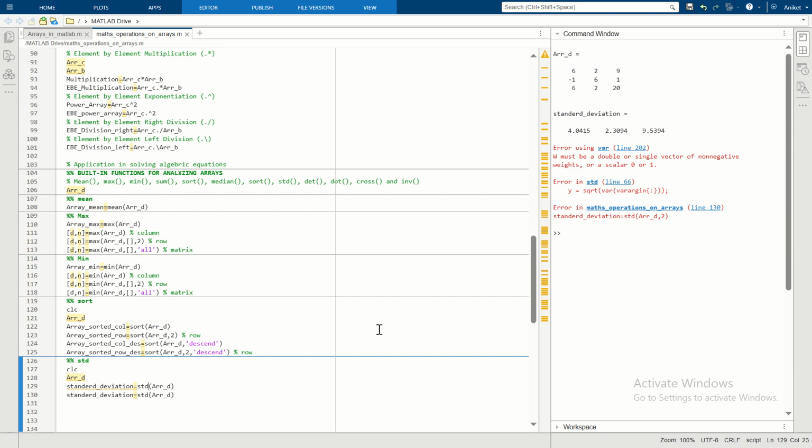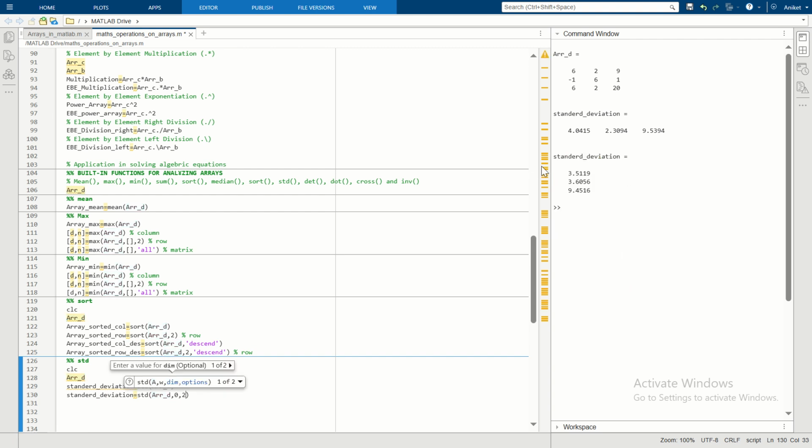So array, 0, 2. So this is how we'll get it row wise and column wise. Okay, so this is a row. Okay, this is column. This is by default. It gives column and row. Okay, that's it.